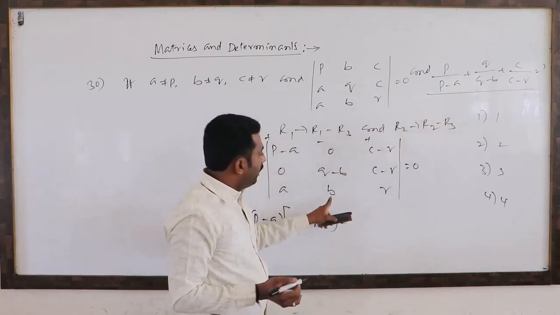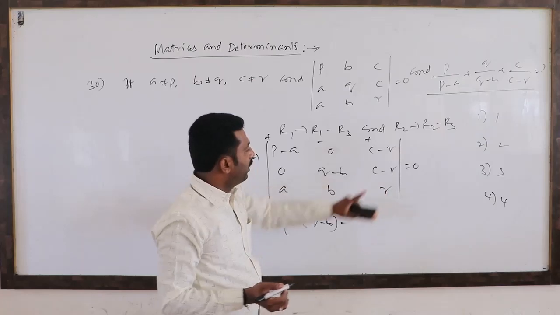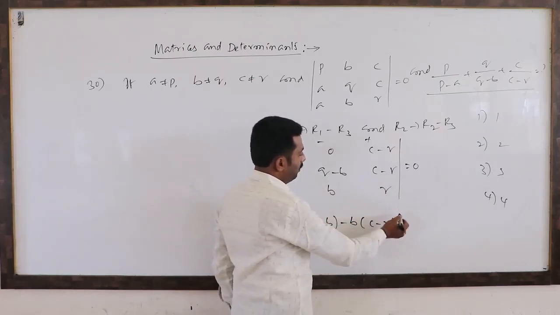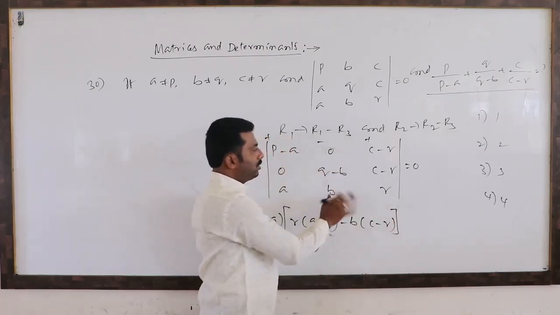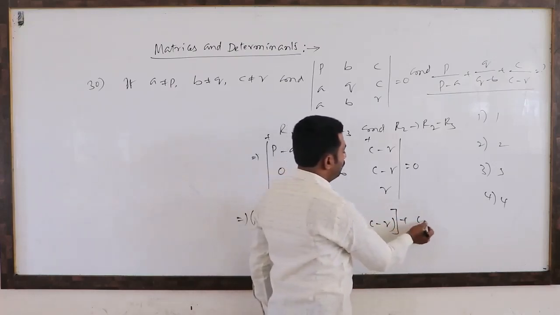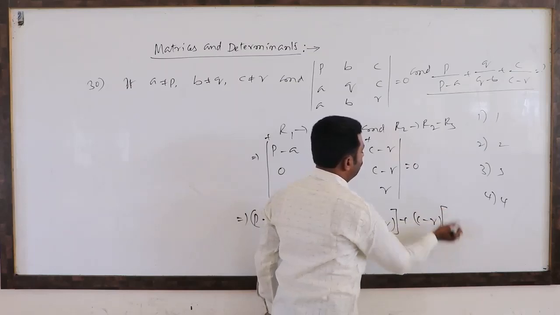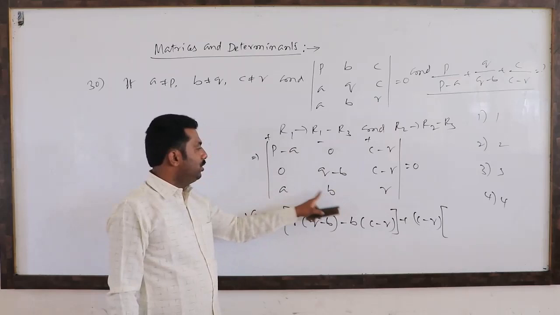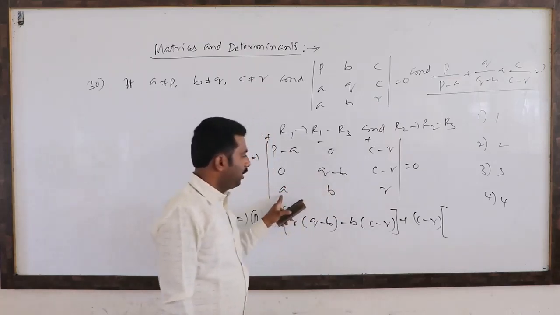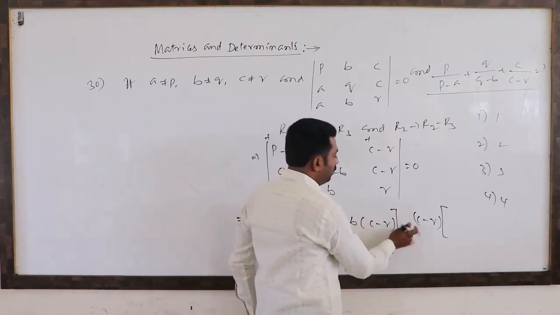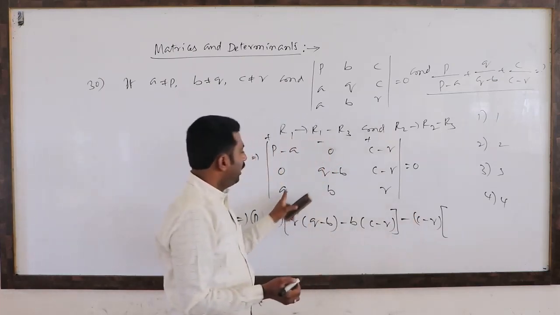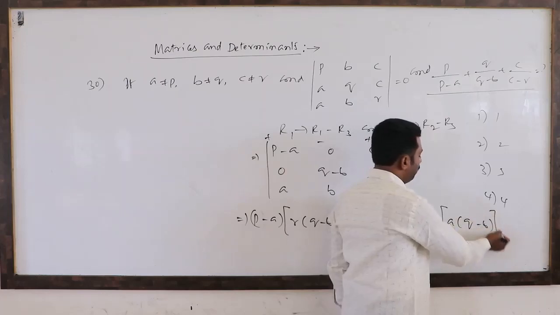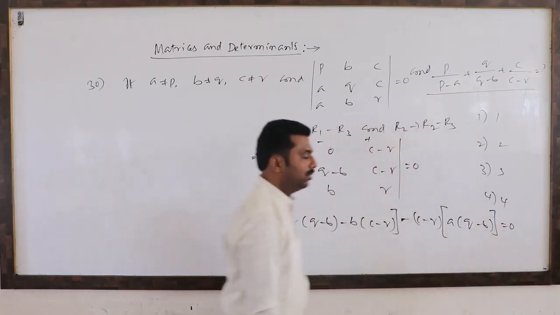C minus R, so if I take C minus R minus B into C minus R. Next, 0 into something means 0, plus C minus R into C here, if you close this column and this row, this is 0 minus C. What will we get here? This is minus A into Q minus B, A into Q minus B equal to 0.